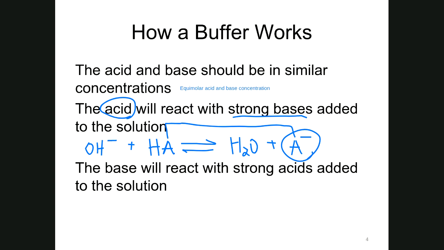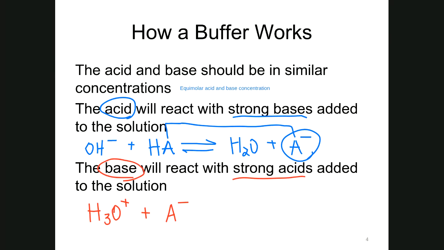If we're dealing with strong acids being added to our buffer, then the base portion will react with it. So in this case, we're going to have H3O plus reacting with the conjugate base of our buffer. So again, H3O plus is what's being added to the system.